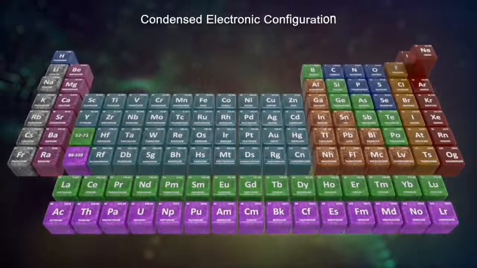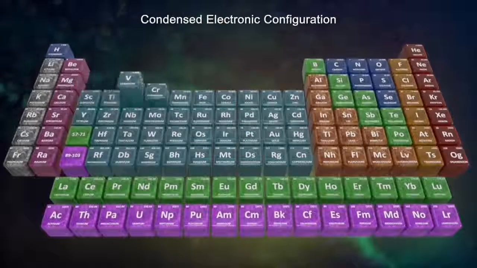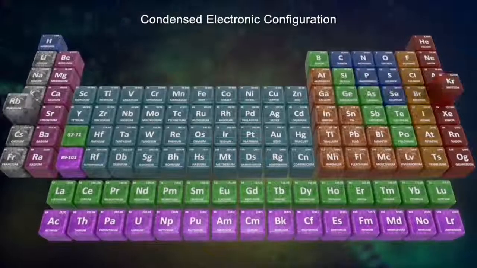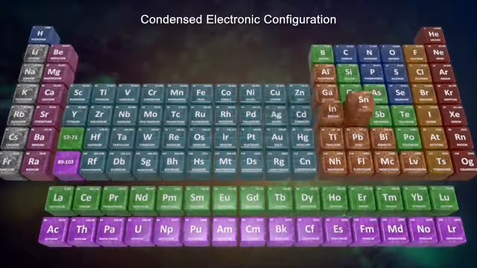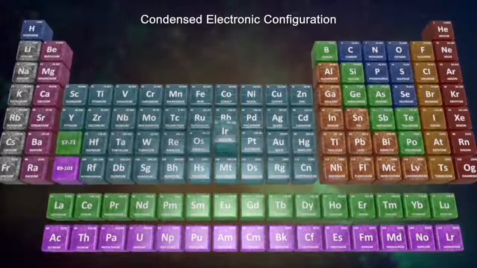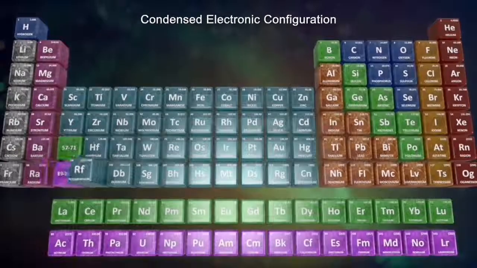Condensed electronic configuration. Writing of the electronic configuration of elements using the NLX method or the orbital diagram method becomes increasingly complex for elements of higher atomic numbers.